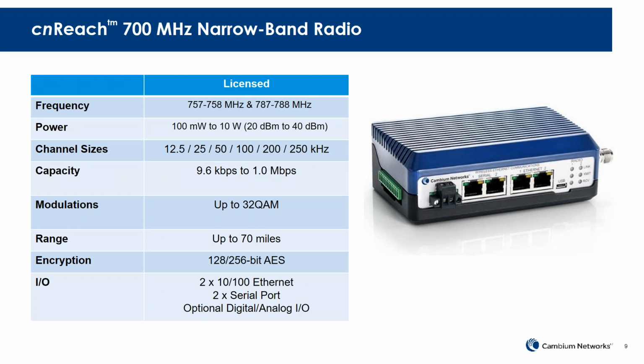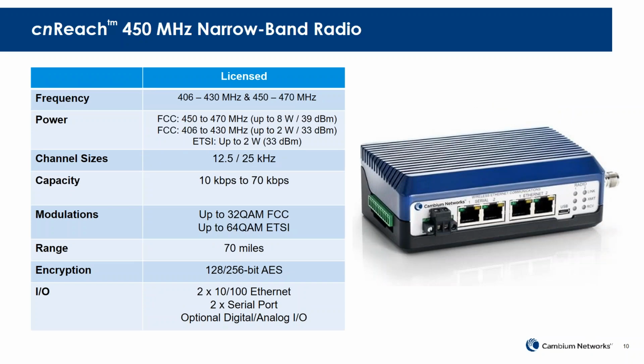We see almost a megabit per second of real usable throughput in a 250 kilohertz channel. So real nice capacity, and certainly all the propagation that you need in the world with 10 watts of power at 700 megahertz. The signal propagates a long way, so you get a nice coverage area from a small number of base stations.